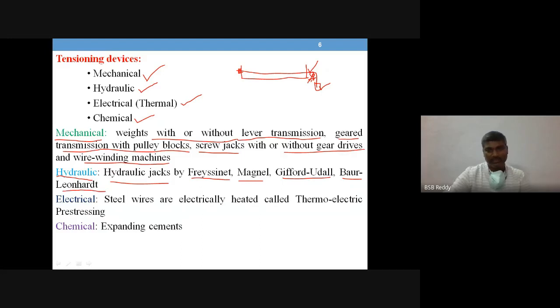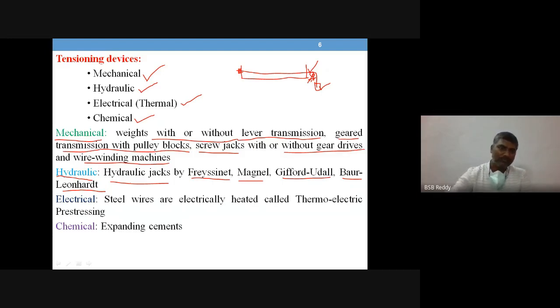All these scientists have developed hydraulic jacks for the purpose of tensioning the tendons, to induce stress to the scale of 2000 megapascal, something like that.